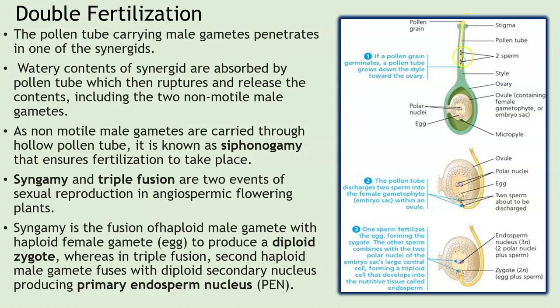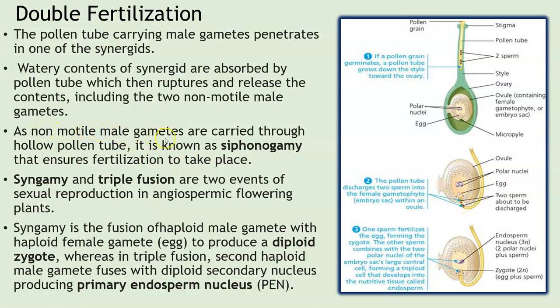After the germination of the pollen grain, the pollen tube travels through the entire style with the two male gametes. Once it covers the entire distance, it enters through the micropylar end and comes in contact with one of the synergids, where it absorbs the watery fluids, ruptures, and releases the male gametes.